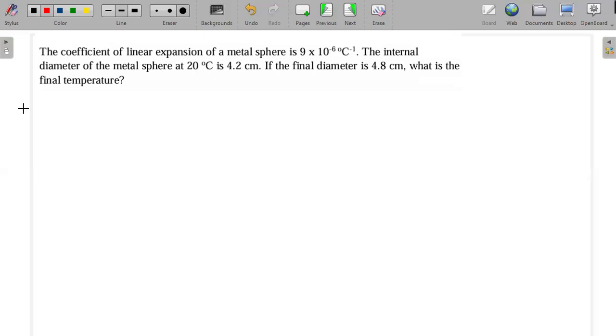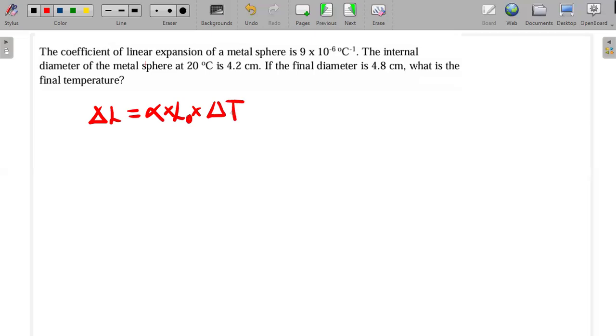All right, so we know that when we are talking about expansion in diameter, it is the same as linear expansion. So we'll introduce the formula for linear expansion: change in length is equal to alpha, the coefficient of linear expansion, multiplied by initial length, multiplied by the change in temperature.